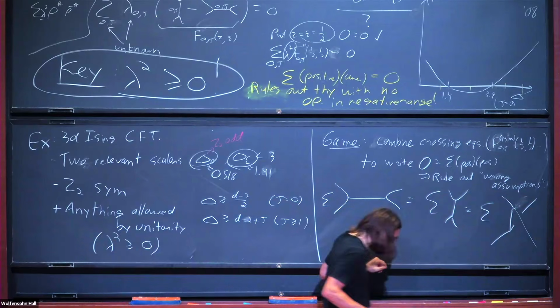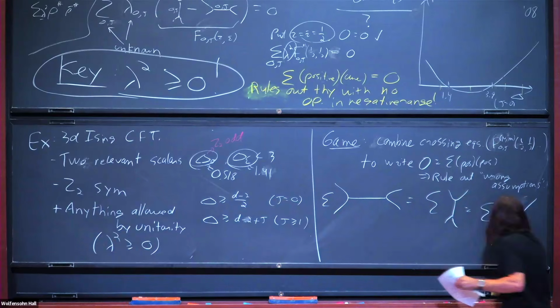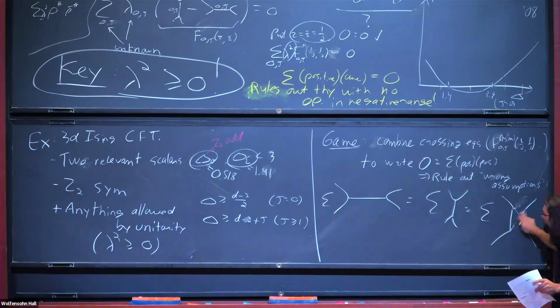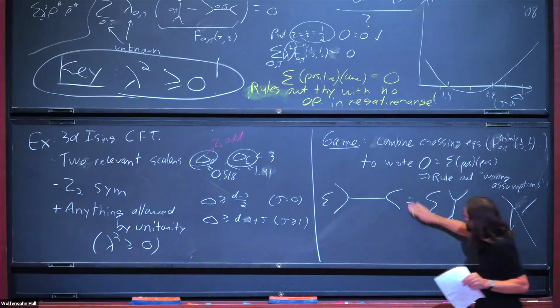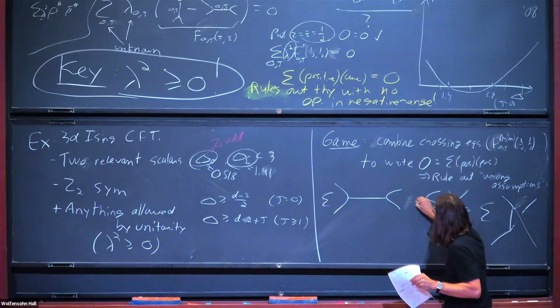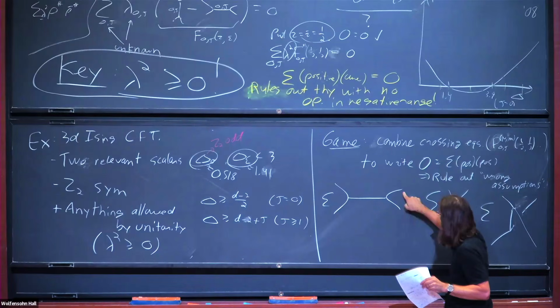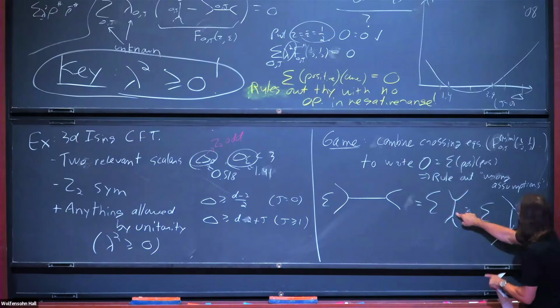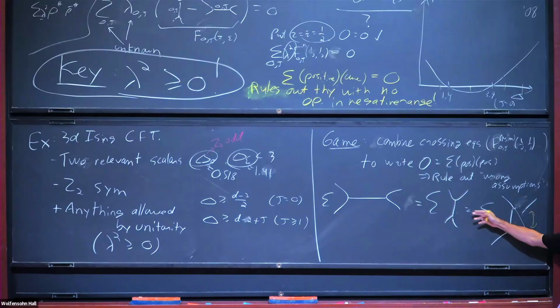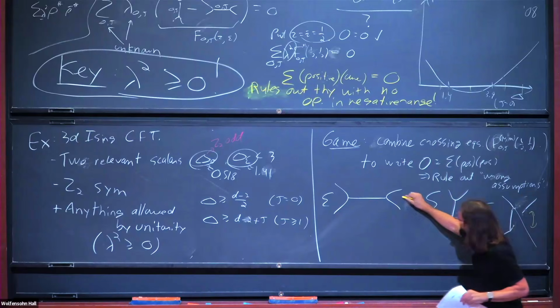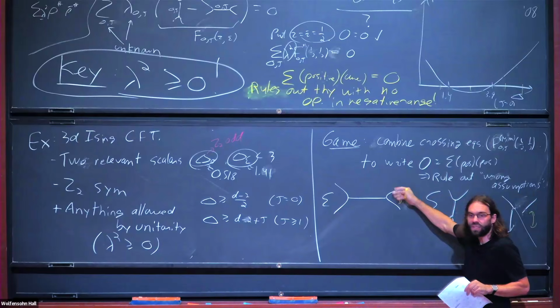It turns out that this one is redundant because if you think about what's going on between this diagram and this one, we swapped two of the legs, and this swap symmetry is actually a symmetry of this thing.